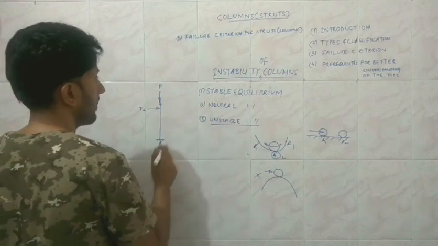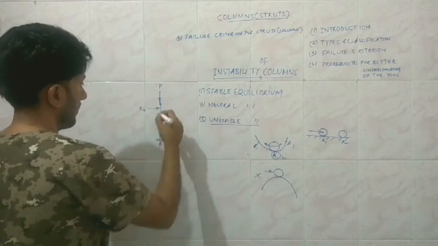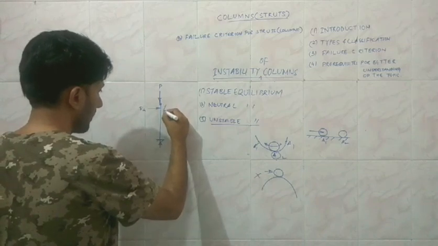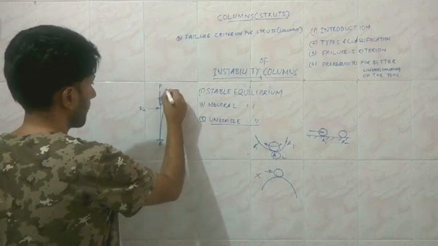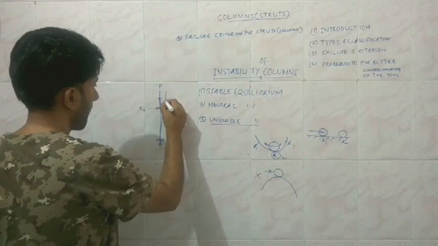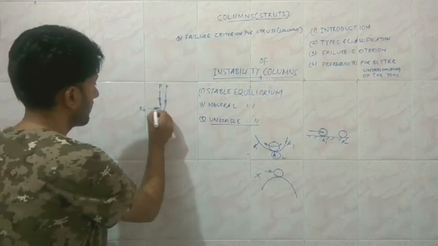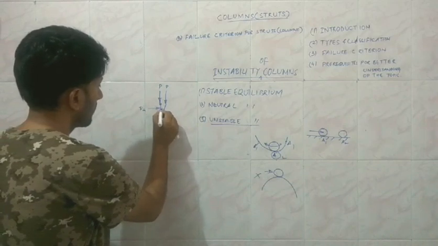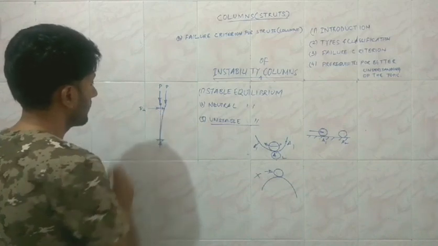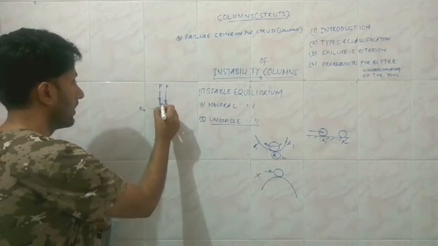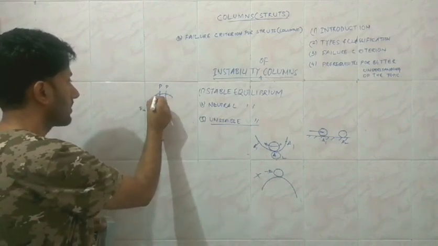So in the case of stable equilibrium, because of this disturbance, it is going to deform to this new state, and when the disturbance is removed, it regains its original state.